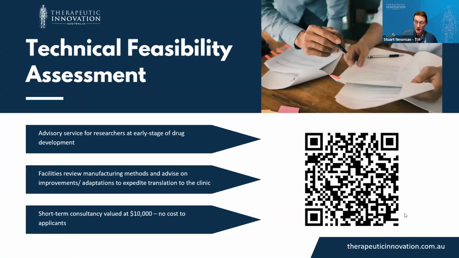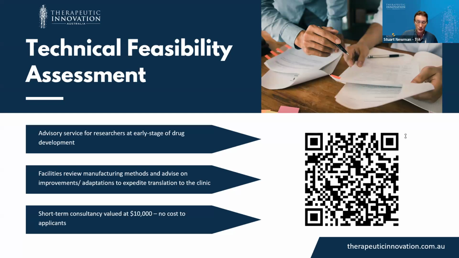One other scheme, which we also run at the same time as this, which is specific to TIA, is something called a technical feasibility assessment. And this is something that's kind of specific to cell and gene therapy facilities. It's an advisory service if you wish to go to one of our facilities and get their advice on the developability or manufacturability of a cell or gene therapy.